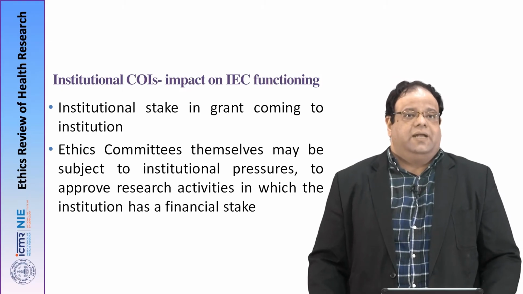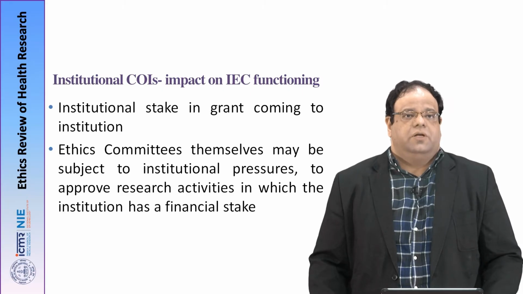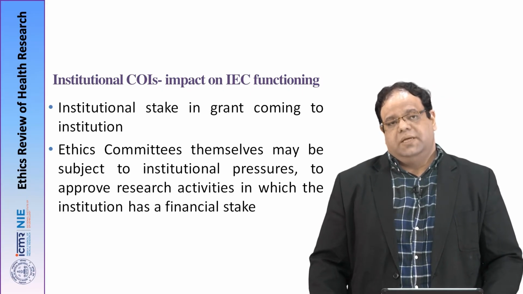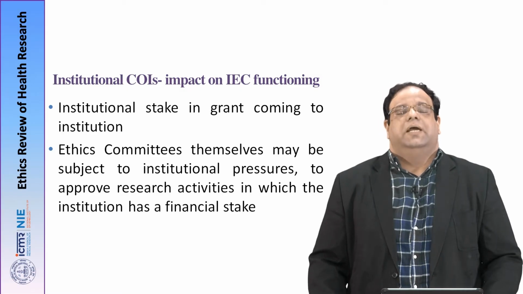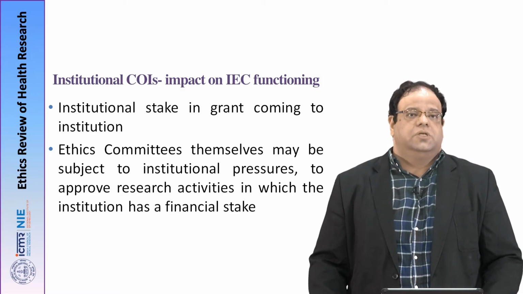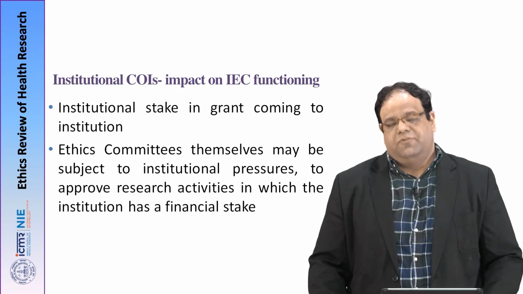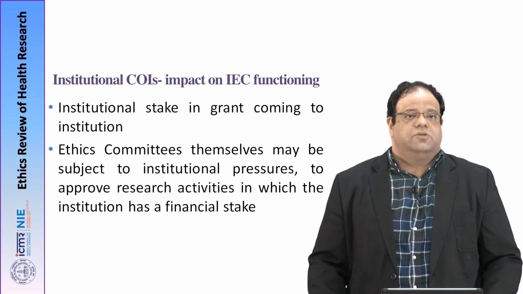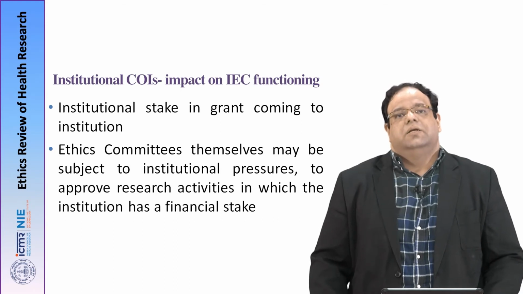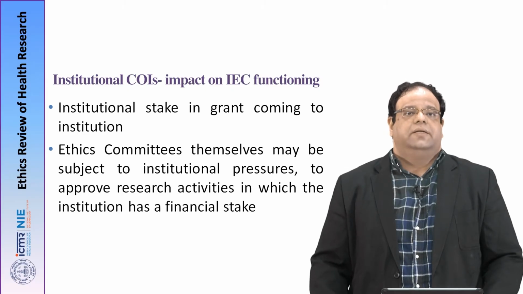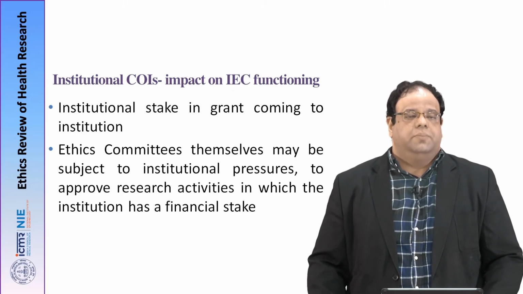Now that is an indirect reason for many of them obviously wanting to get more and more grant money, and that could influence them, perhaps on some occasions, to allow some research to happen which is probably not technically okay, or has some flaws, or might have some safety issues, or might have some ethical concerns. So that is an example where an institutional conflict of interest could impact decisions with regards to a particular research protocol.